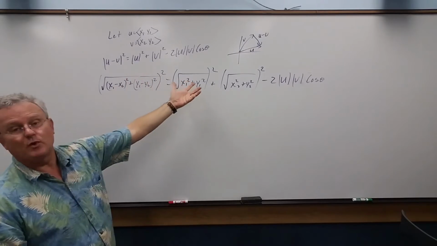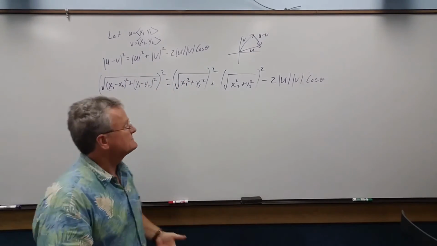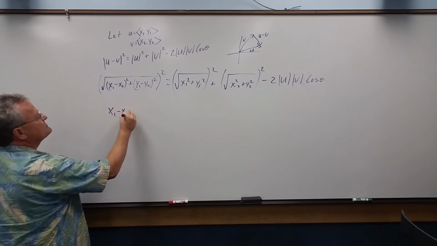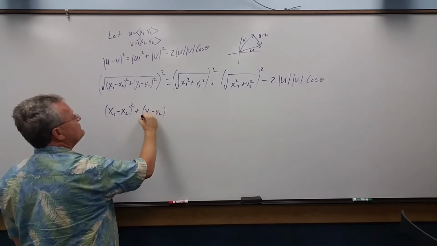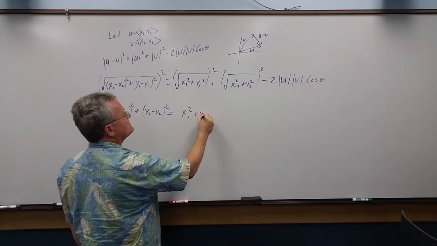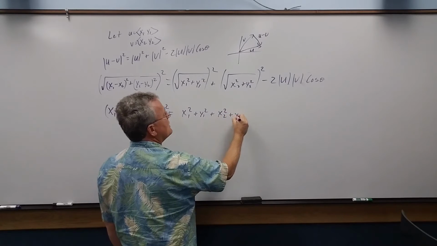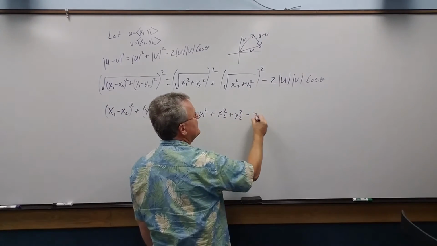When we square square roots, they're inverse operations, so they cancel each other. So we get (x1 minus x2) squared plus (y1 minus y2) squared, equal to x1 squared plus y1 squared plus x2 squared plus y2 squared minus this quantity at the end.